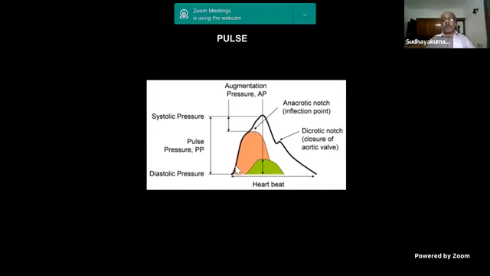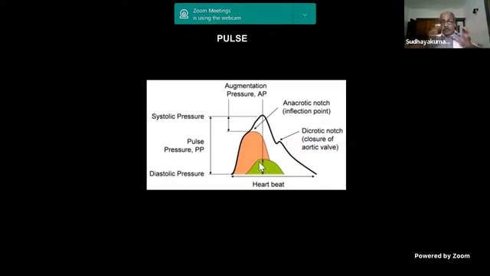And what you are recording as the pulse is this dark line. So this is the P1, the early systolic pressure. And this part is the late systolic pressure or recoiling pressure. And this is the augmentation pressure.